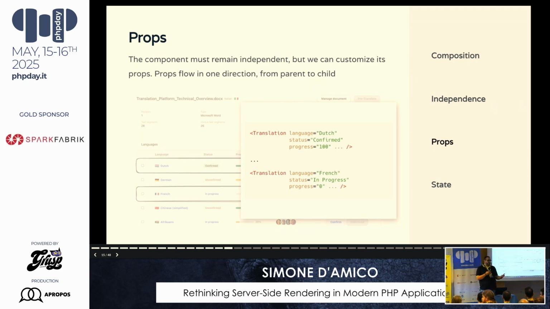So we can change how it renders according to those properties. In this case, for example, we have a translation component, which is this row here, and according to the properties we are injecting, different languages, different status, the rendering is pretty much different.